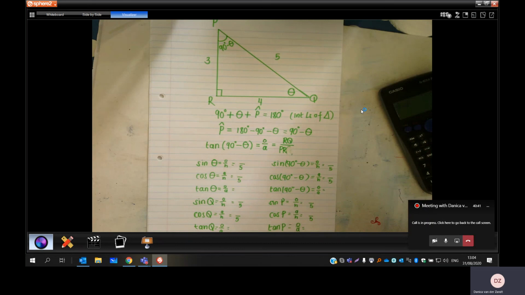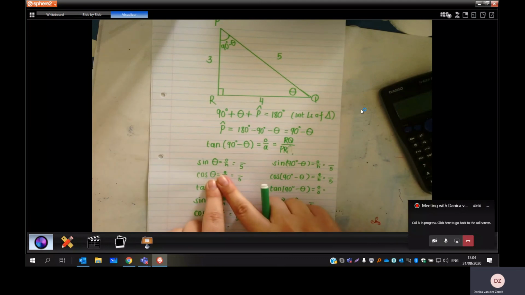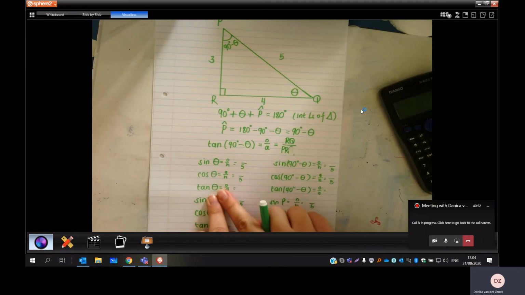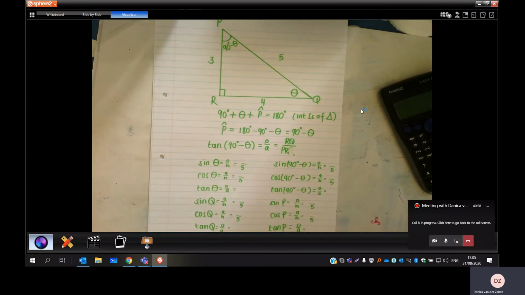And then my next step would be to go to theta, which one's opposite, which one's adjacent, and write down the one that I need. Then finish that. Then you will notice that there will be doubles.